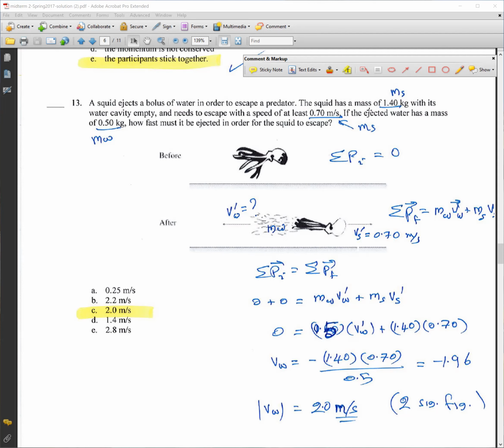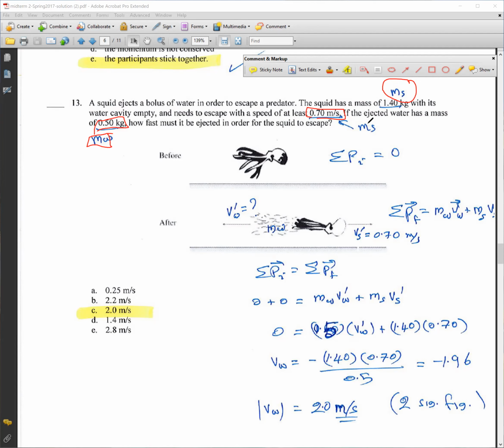The squid has a mass of 1.4 kilograms, which we call MS, or mass squid, with its water cavity empty, and it needs to escape with a speed of at least 0.7 meters per second. If the ejected water has a mass of 0.5 kilogram, which we call M water, how fast must it be ejected in order for the squid to escape?